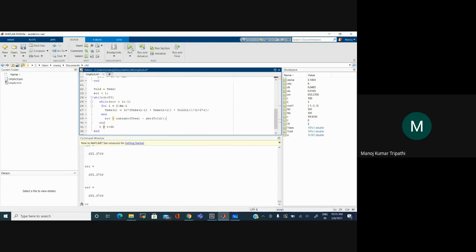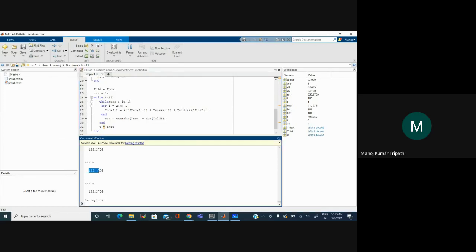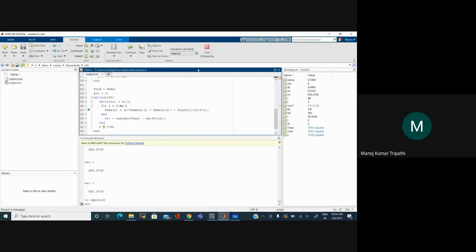Let's comment this. Still, when we did not comment error, it was writing 655.377, which was a constant. So somehow it is constant throughout. Again, there is some problem. The error is not converging to 0. It is not going below the tolerance. So now again there is some problem.